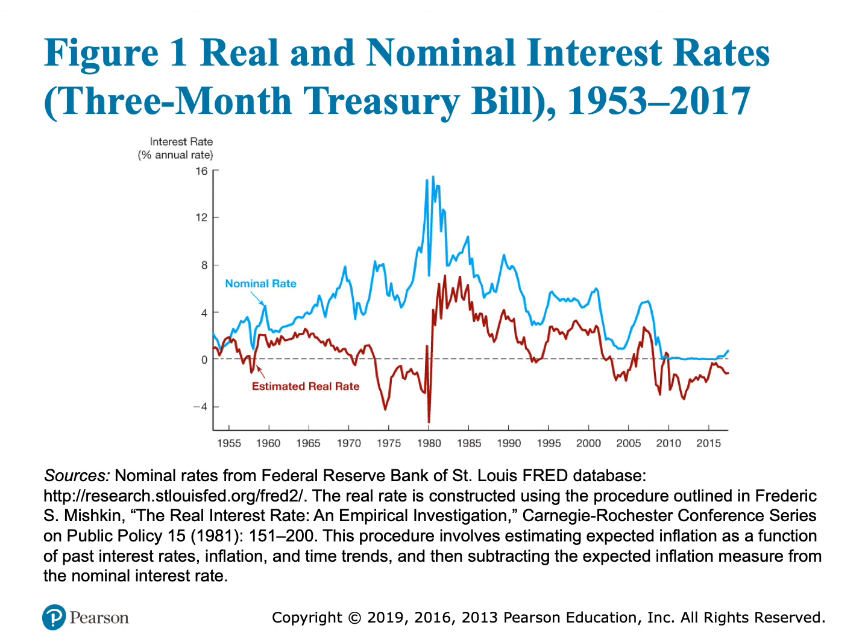Any gap between the blue line and the red line is expected inflation, as it were. So we can view not only the behavior of nominal rates and expected real rates, but also another variable: what markets were thinking expected inflation would be.